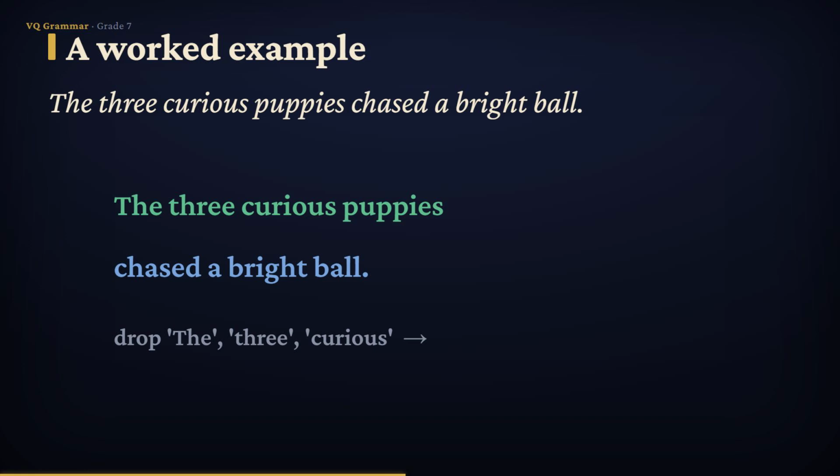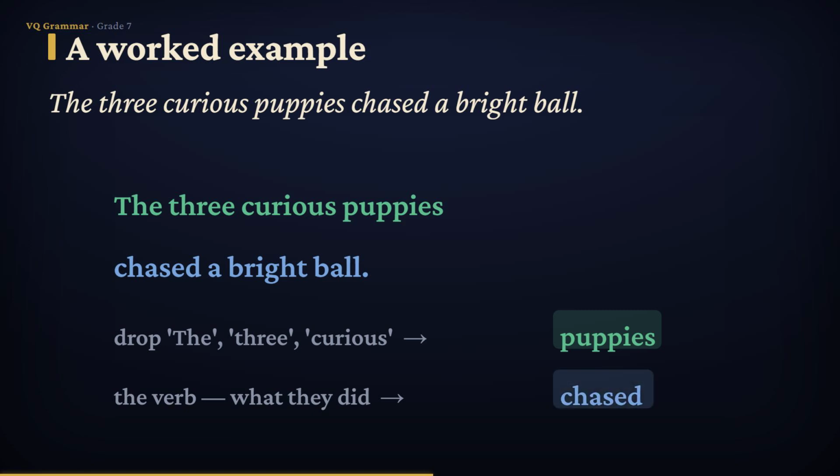Drop the, three, and curious, since those only count or describe, and you're left with puppies, the one main noun. That is the simple subject. Now the predicate. What did the puppies do? They chased. Chased is the verb, so it is the simple predicate. Simple subject, puppies. Simple predicate, chased.